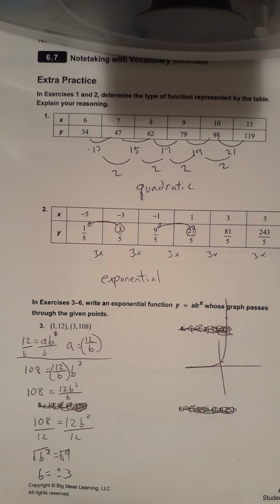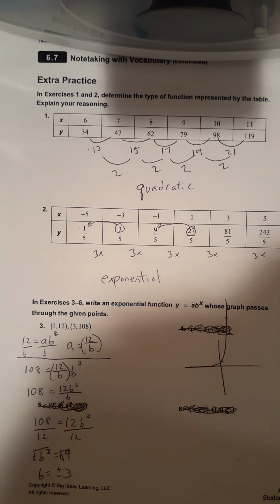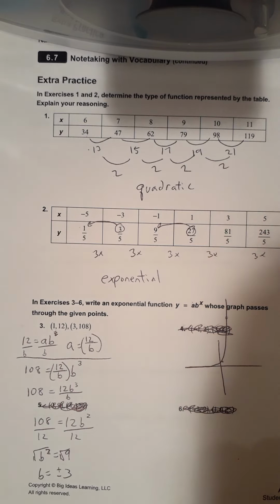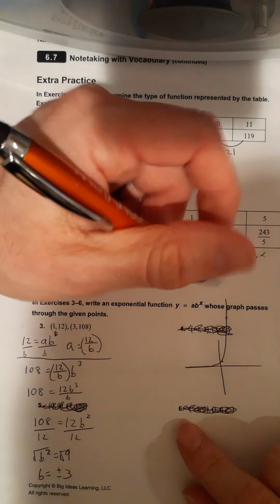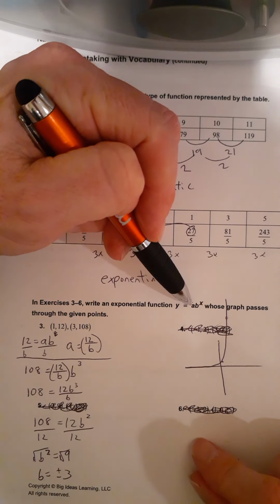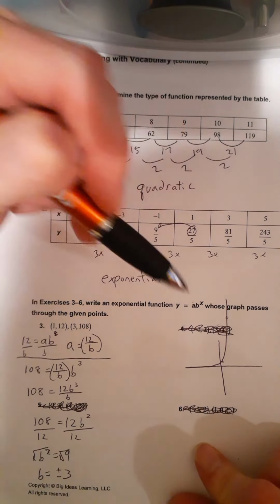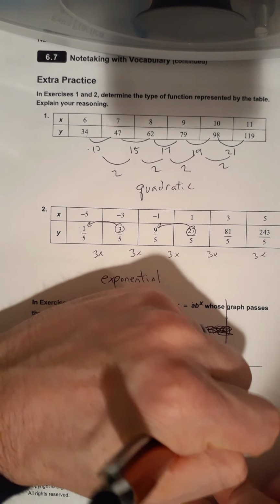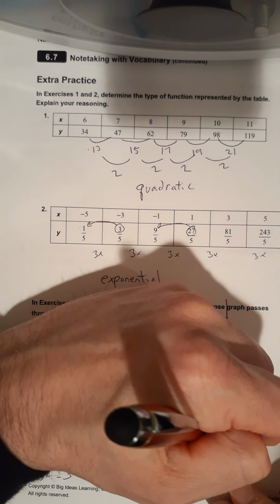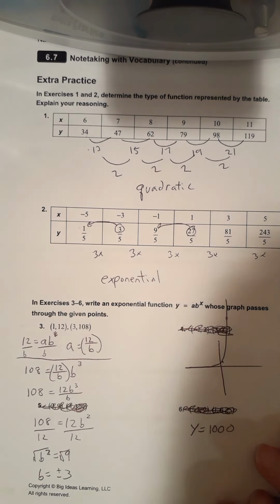So at this point, we have to figure out, is it 3 or is it negative 3? So here's kind of how I look at that. Remember, whenever we have exponential equations, the A is your starting value, right? And then your B value is whether it's growing or decaying. So let's think about that real quick. Let's say you started out with like $1,000 to invest.